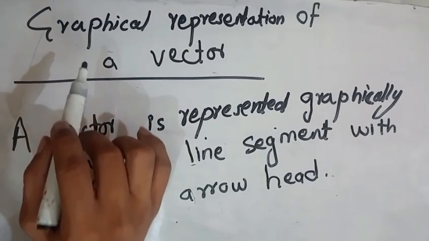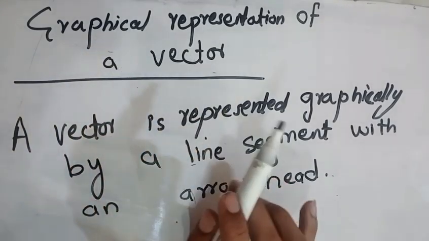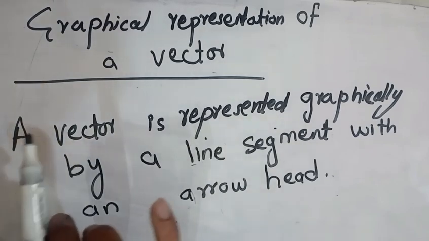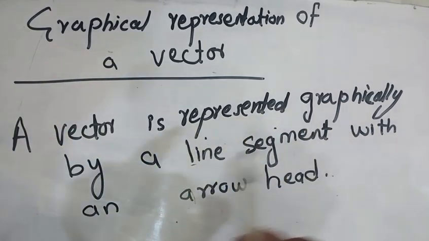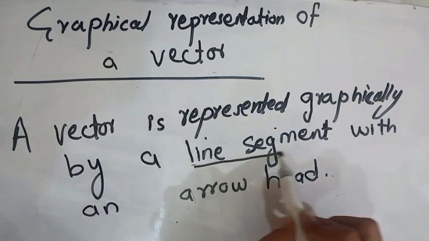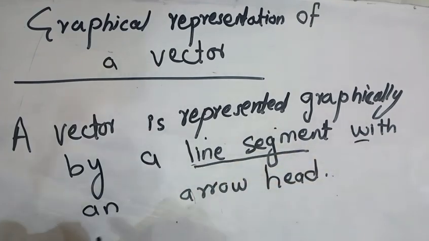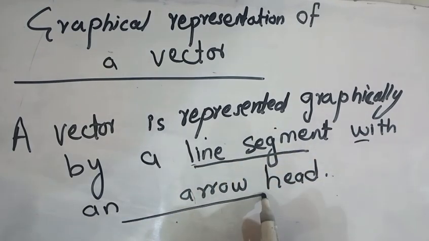Now we will come towards the graphical representation of a vector. A vector is represented graphically by a line segment with an arrowhead.